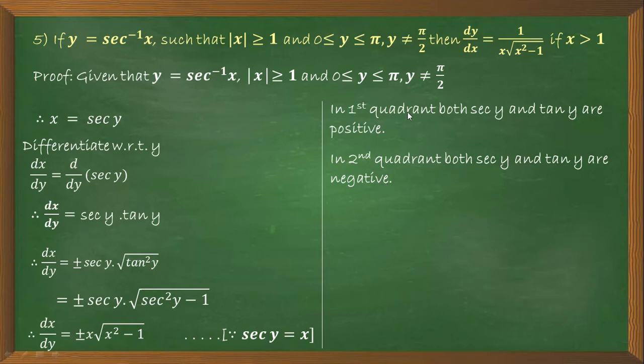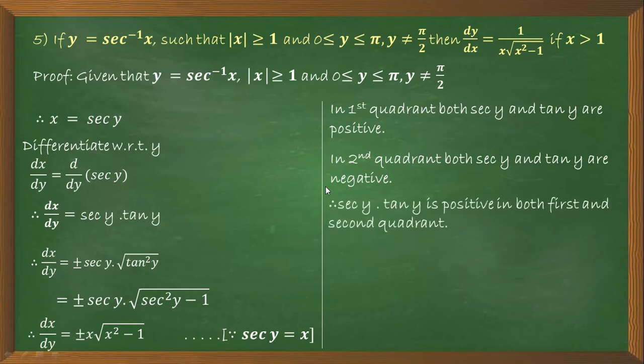So in first quadrant, both sec y, tan y are positive, and in second quadrant, sec y and tan y are negative. So the product, sec y into tan y, is positive in both first and second quadrant. So if we think about first and second quadrant, then we conclude that this derivative, that is sec y into tan y, is positive in both the quadrants.